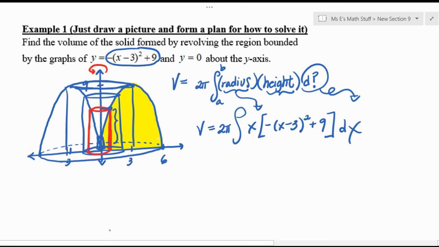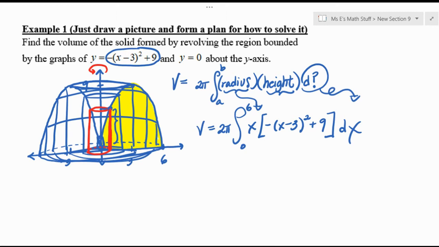And so we want to go all the way from the rectangle that we get when x is 0. Where do we want to stop? Yep, when x is 6. There we go. Okay, and this would be your setup, and then it's just a matter of punching that into your calculator. So go ahead and do that. Don't forget on this one to multiply your integral value by 2 and by pi.